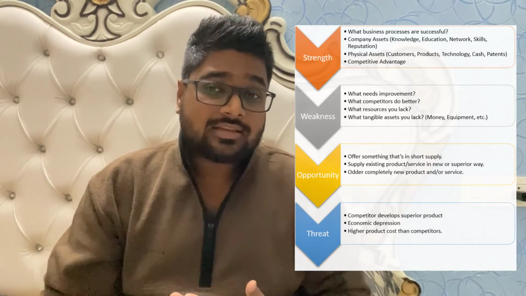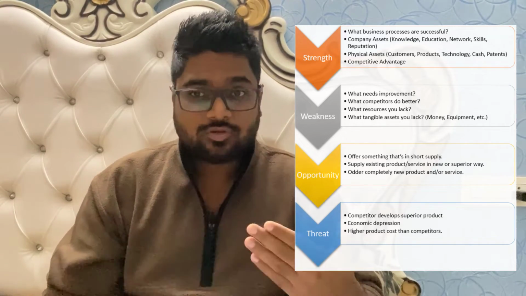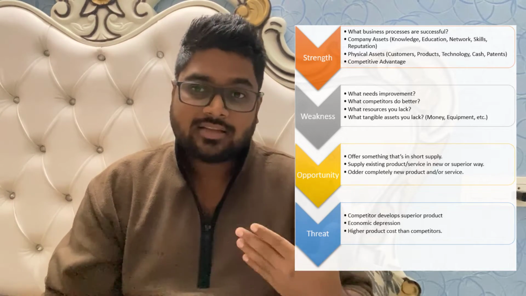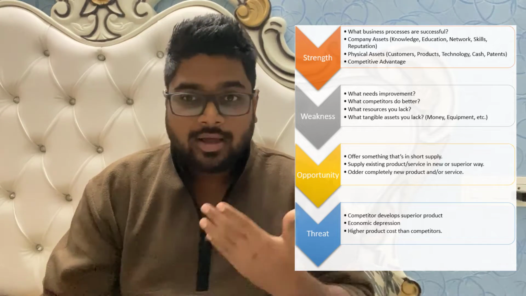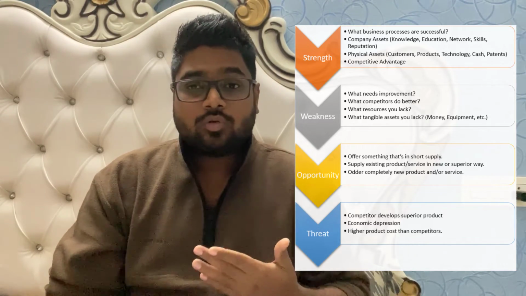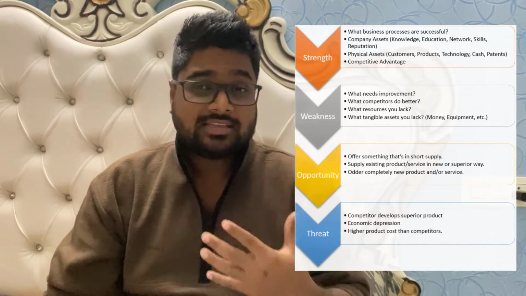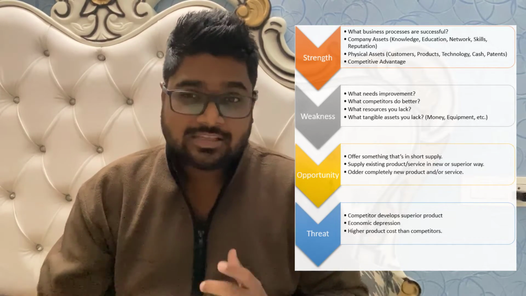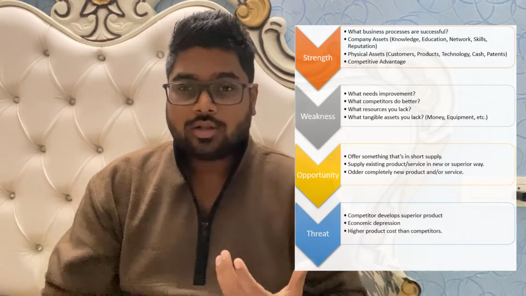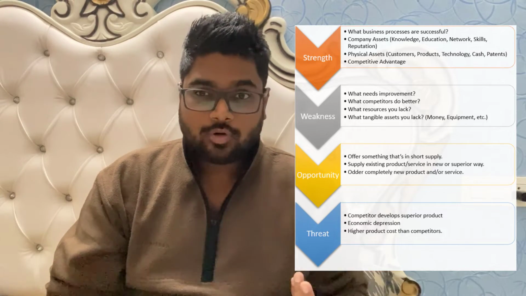Now the tangible assets I have already discussed, so that's part of the assets and the resources. The tangible assets are the machinery, the money, the funding. So all these things, if you think they're lacking, that is what you jot down in the weakness part of the SWOT analysis. Again, very important, right?